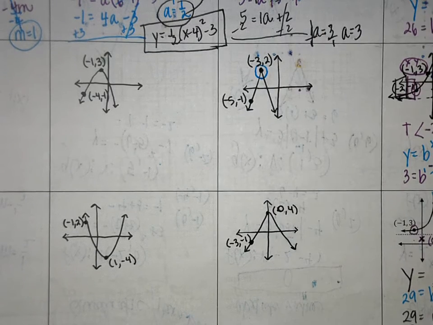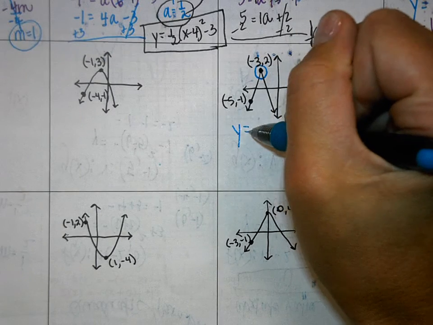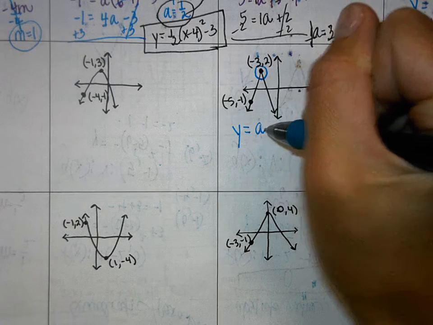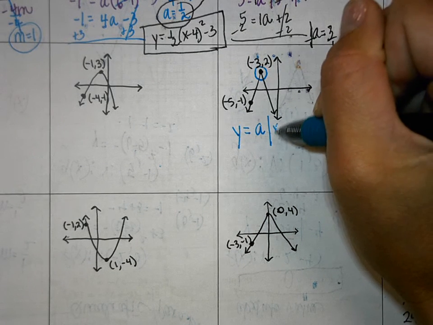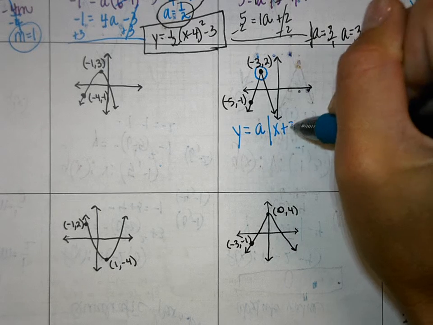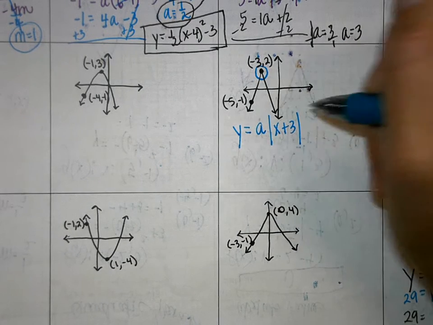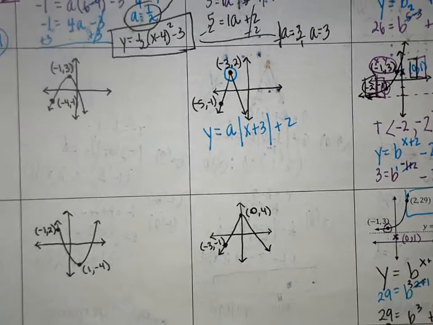How will I start writing this absolute value? By writing your formula. And so we would write y equals, and then what next? A, absolute value of, good, plus 3. Close the absolute value, and then what goes at the end? Very good, plus 2. When you're solving for A, can you use that same point again?